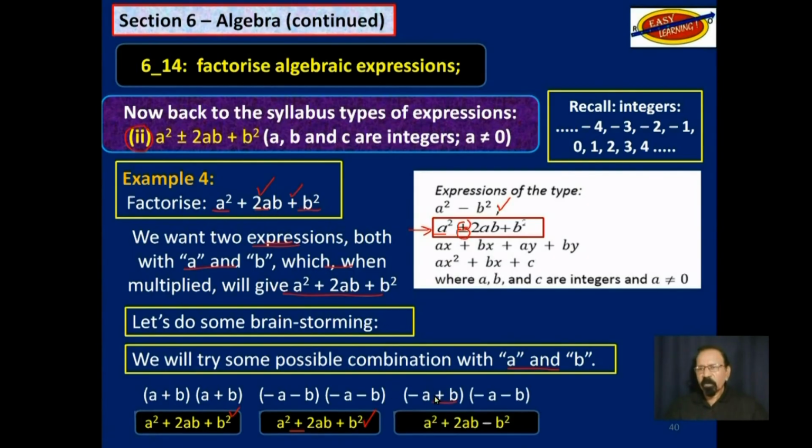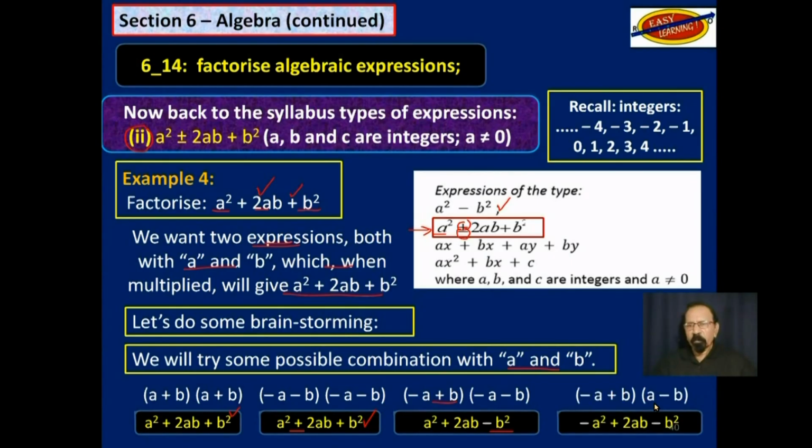This combination will not work because you have a -b here, and that one will not work because you have a -a squared here and a -b squared there, and so on. So it has to be one out of these two, this one or that one. As I said, normally you wouldn't see this one in your textbook. Mostly you will see that one. So we will stick with that one.